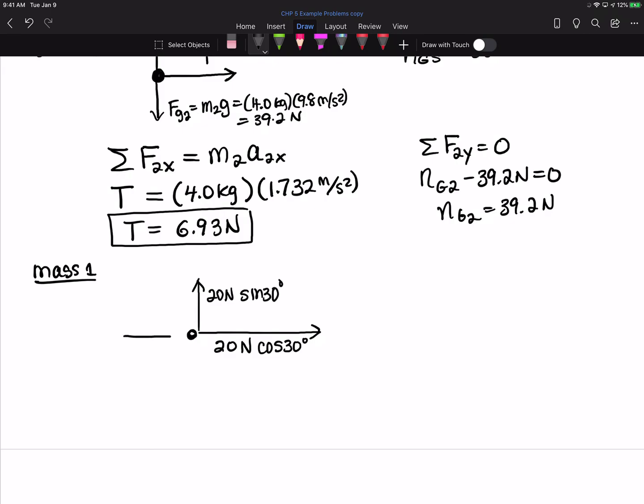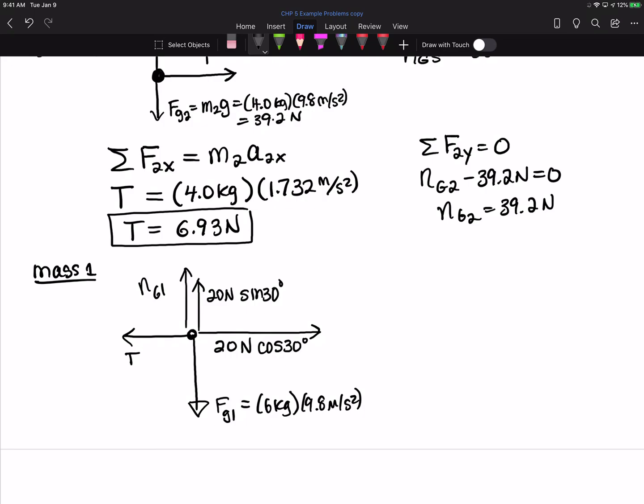I would have had the tension acting back, a component of the normal force, the force of the ground on 1, and then the force of gravity on 1. I'm saying 2, and I mean 1, because this is block 1. Sorry. And this is 6 kilograms times 9.8 meters per second squared. So we certainly could determine what that value is.